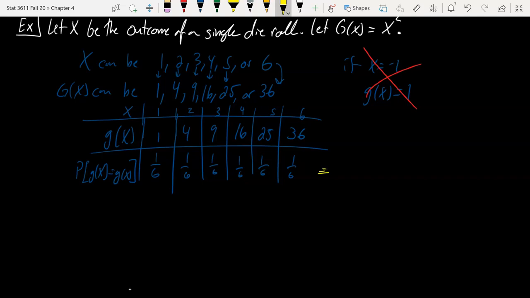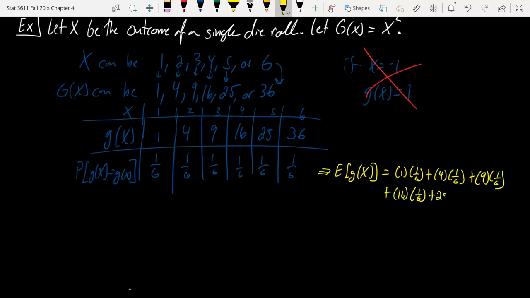The expected value of our new random variable g of x takes on the value 1 with probability 1/6, the value 4 with probability 1/6, the value 9 with probability 1/6, 16 with probability 1/6, 25 with probability 1/6, and 36 with probability 1/6.